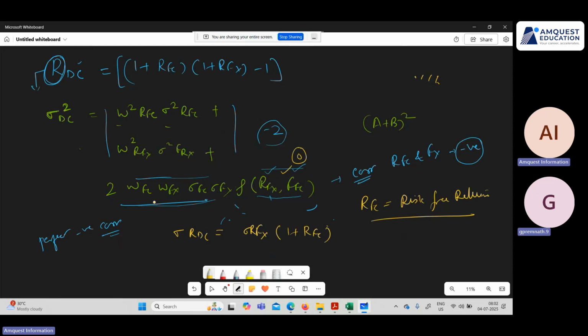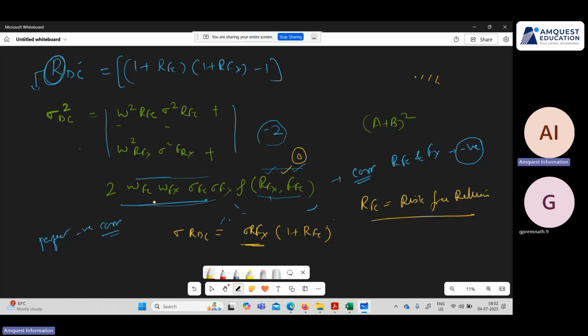And then you have my correlation would be 0, and my RFX is the only risk. This is risk free, right?